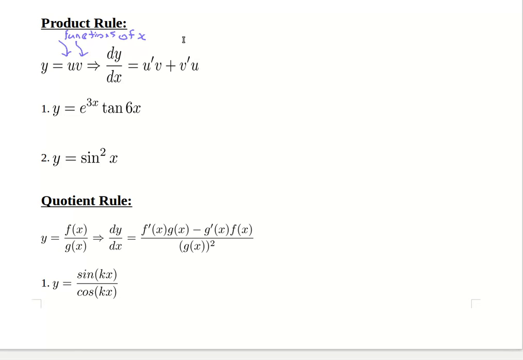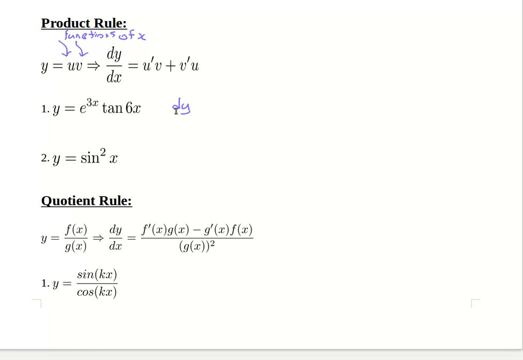So this is actually, I think, even easier than chain rule. We can see in question 1 that this is perfect for product rule because we've got two functions. We've got e to the 3x and tan 6x. I hope you're comfortable with differentiating both of those individually on their own, because you'll need to be.